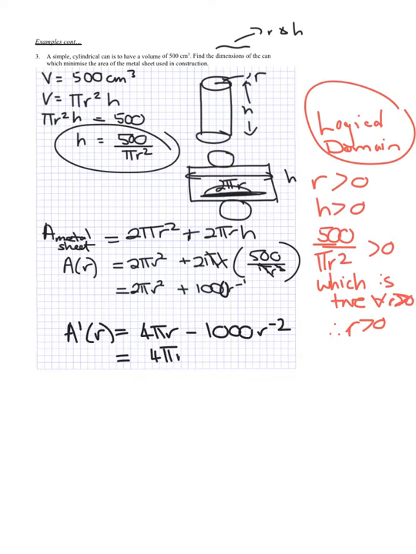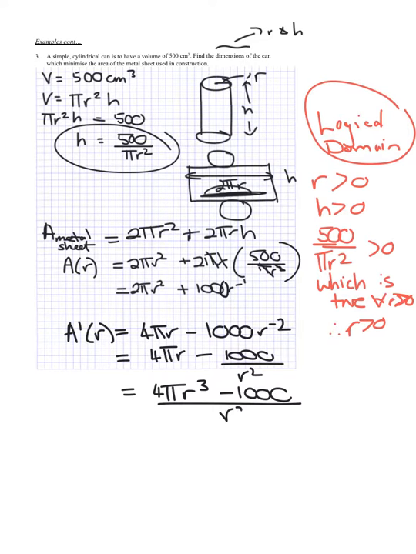So 4 pi r, take 1,000 on r squared, because r to the negative 2 is 1 on r squared. Now if I want to write that as one fraction, I'm just going to multiply the top by r squared, because that means I can put it all over r squared. Remember, all I've done is multiply the top and the bottom by r squared.